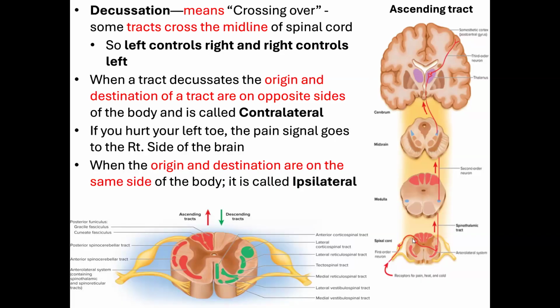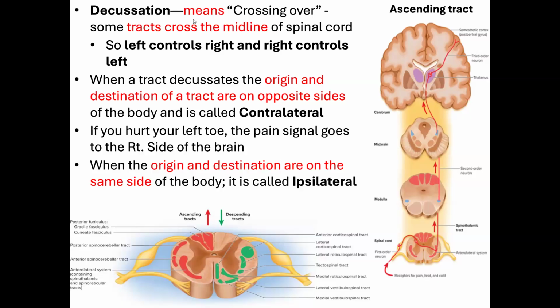It reaches there, then it crosses over to the opposite side. That's called decussation. Decussation means crossing over. So if a tract has the origin of the impulse on one side and the destination is on the opposite side, it's because it crossed over here and then it went up into the brain.